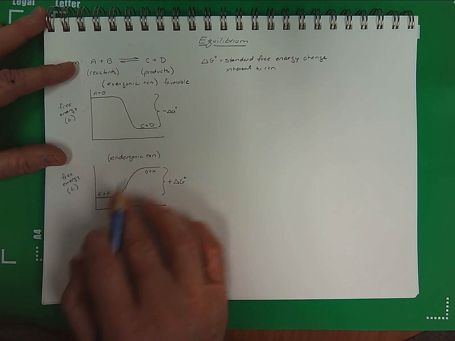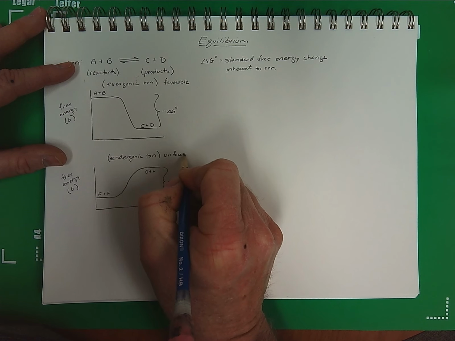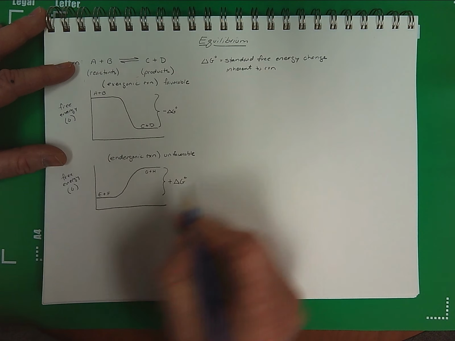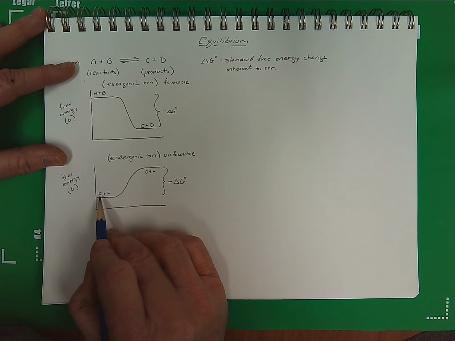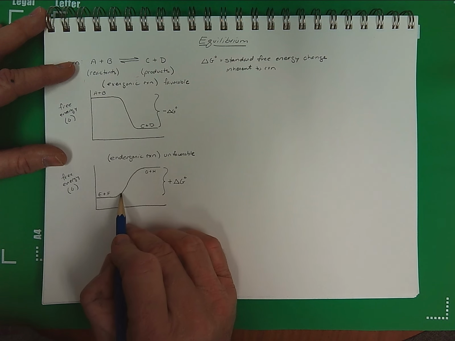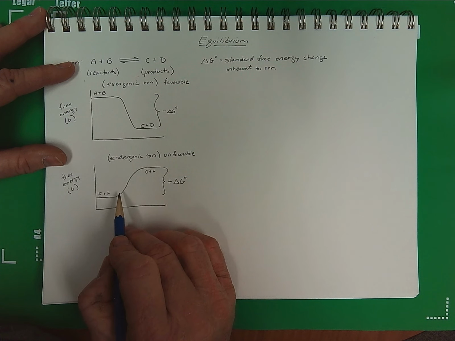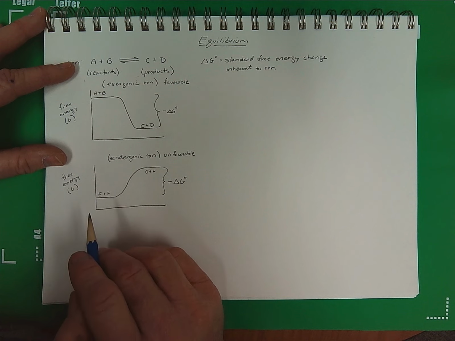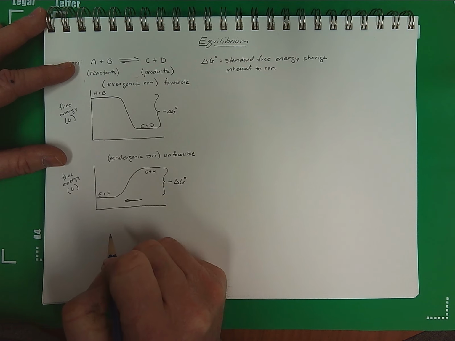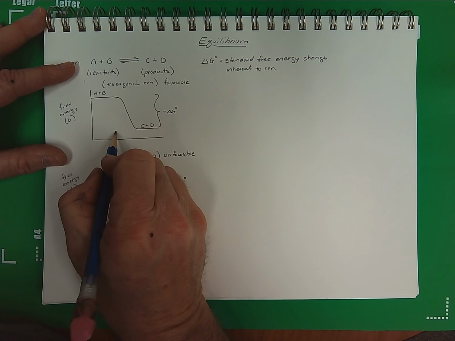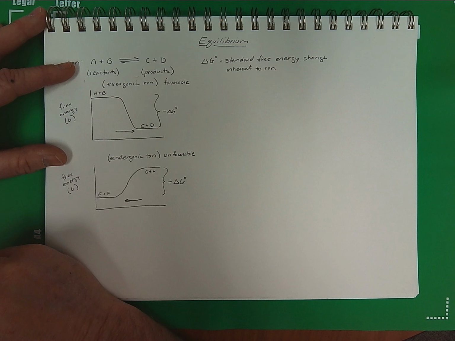So the endergonic reaction is unfavorable, but the reverse reaction going from G plus H to E plus F is a decrease in free energy, which means a negative delta G naught. So that is the favorable direction, going in this direction, whereas in our first reaction, the favorable direction is here because of the negative delta G naught.